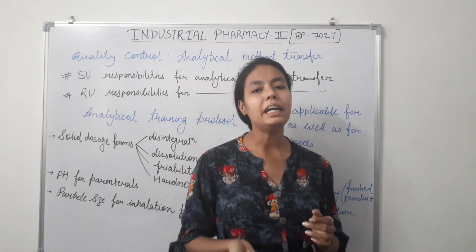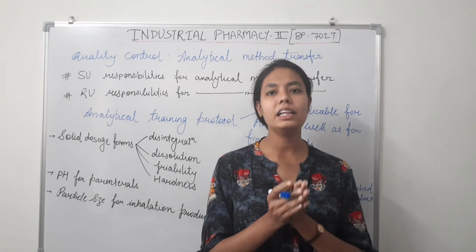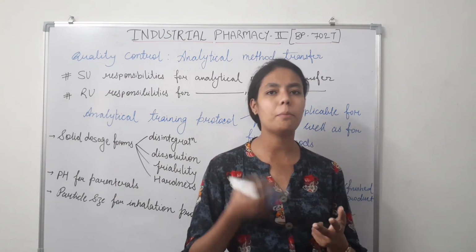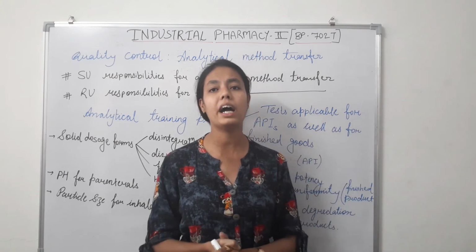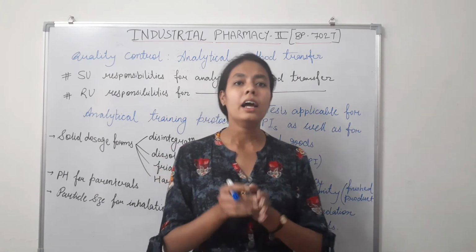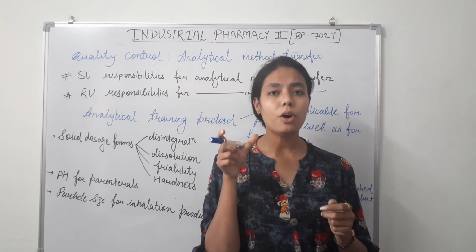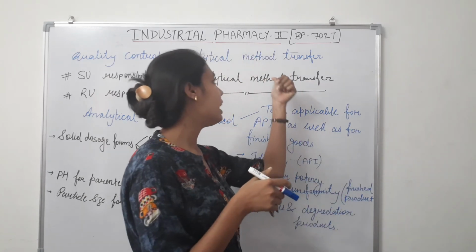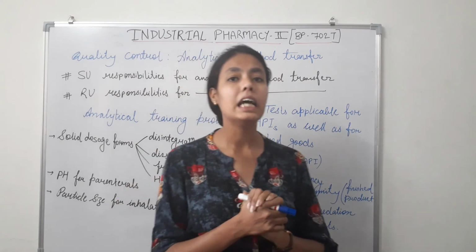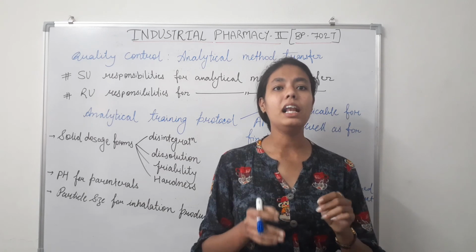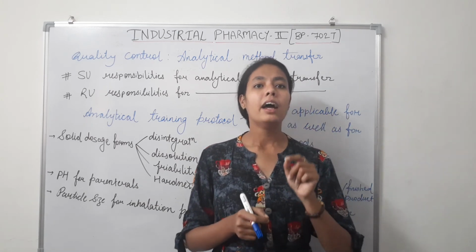Reference to compendial monographs, for example, international pharmacopoeias such as the European Pharmacopoeia, British Pharmacopoeia, United States Pharmacopoeia, where applicable. So the reference compendial monograph should also be transferred at the time of analytical method transfer, where it is available.